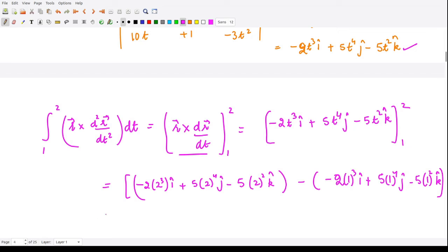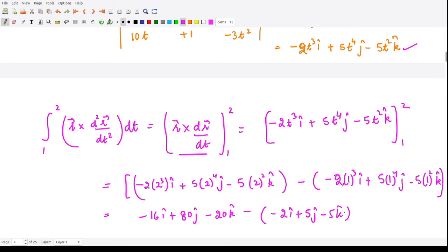So this becomes equal to minus 16 i cap plus 16 into 5, that is 80 j cap, and 4 into 5, that is minus 20 k cap, minus another vector minus 2 i cap plus 5 j cap minus 5 k cap.